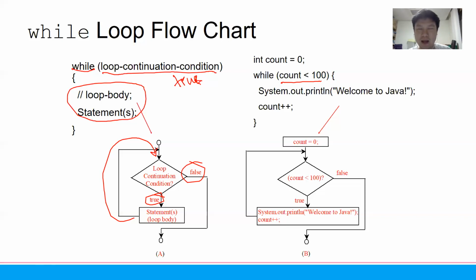Yes. Then we will print Welcome to Java. And after we print Welcome to Java, we have count++. What is plus plus? Yes, you're correct. The variable count will be added by 1.